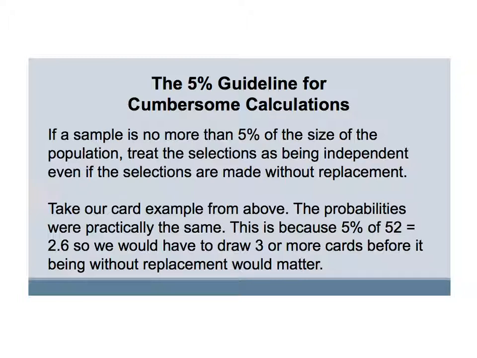So like the card example, if I did 5% of 52, that's 2.6. So I'd have to draw 3 or more cards before being without replacement would really matter. So since I only drew 2 cards, that's why the probabilities were basically the same. But if I'd have drawn 3, 4, 5 cards, I would have started seeing very much difference between with replacement and without replacement.